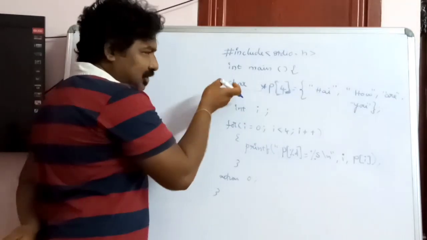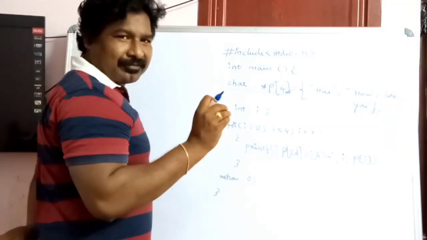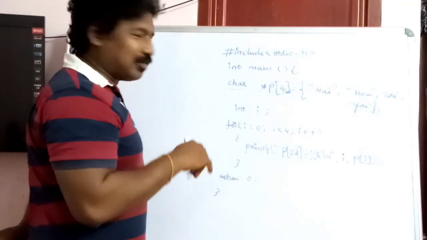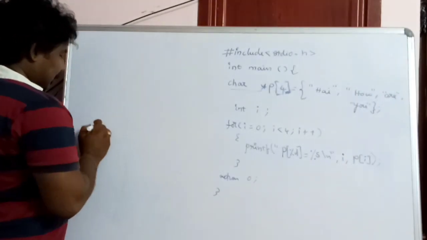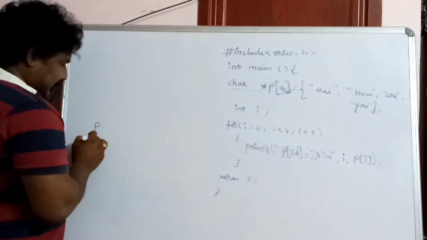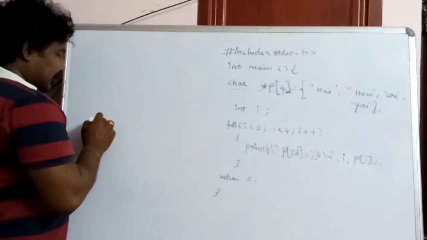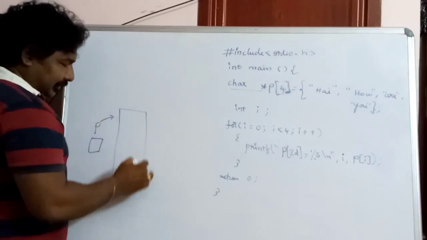Okay, so what happens when this particular line gets executed? I'll draw a small figure where you can see how this will look in memory.